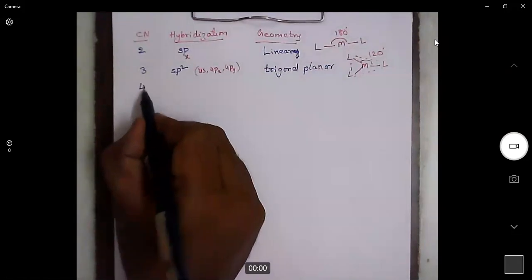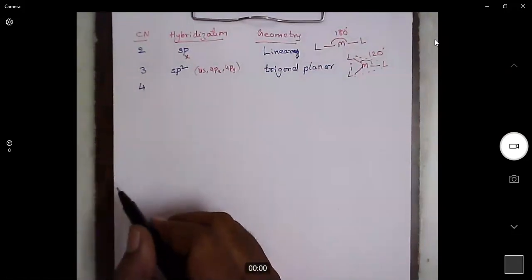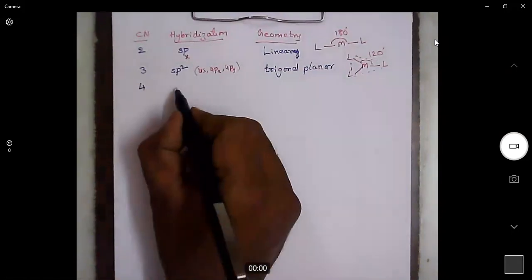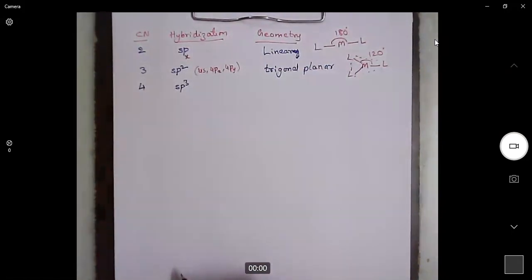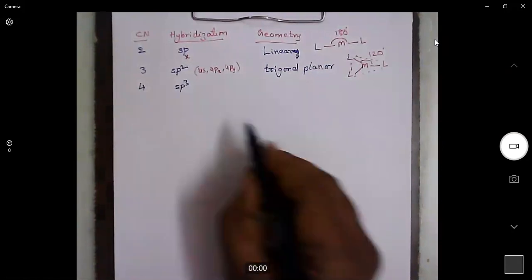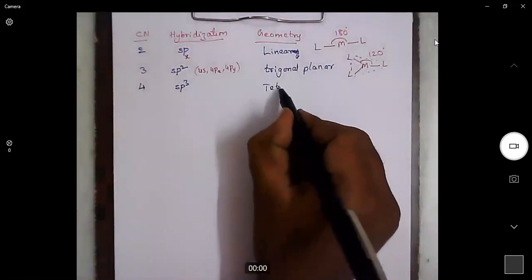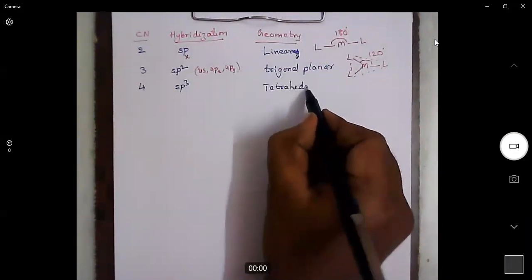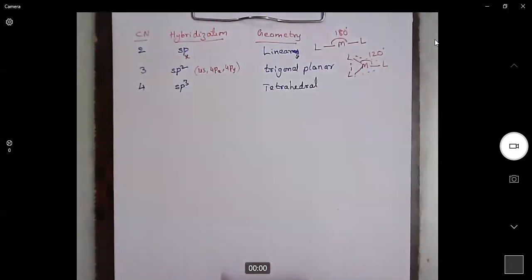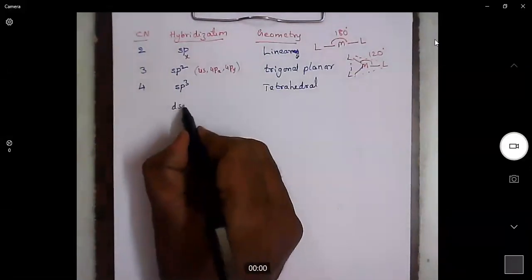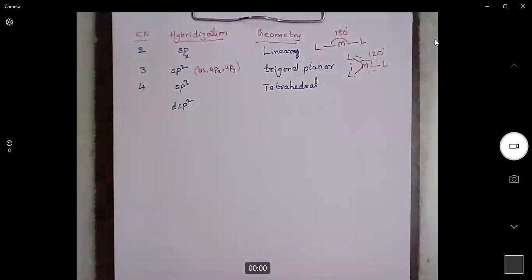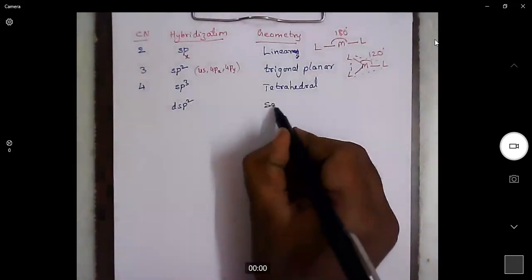If coordination number is 4, we have two possibilities. We may have sp3 hybridization, that means all 3 p orbitals. sp3 hybridization shape is tetrahedral. Other possibility is dsp2 hybridization. When we have dsp2 hybridization, shape is square planar.